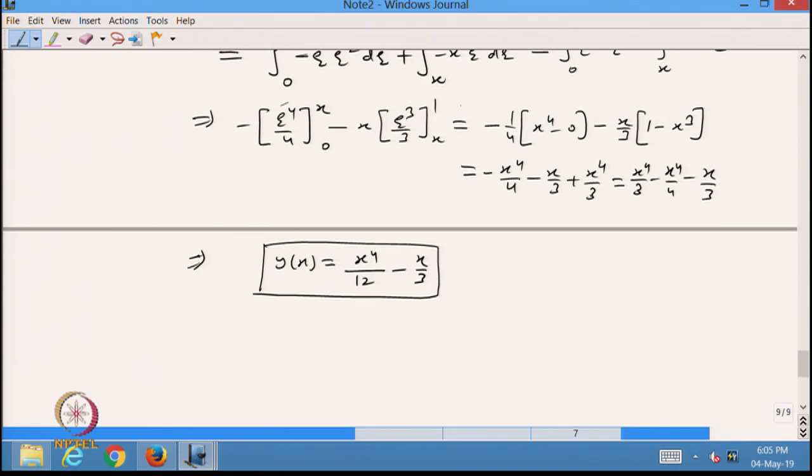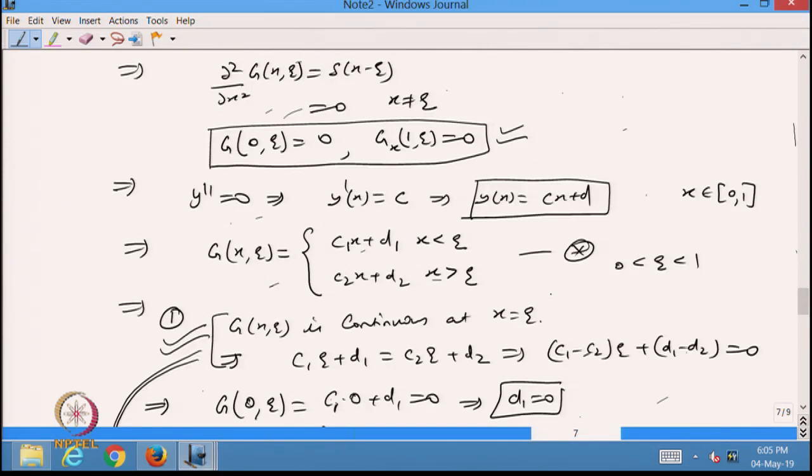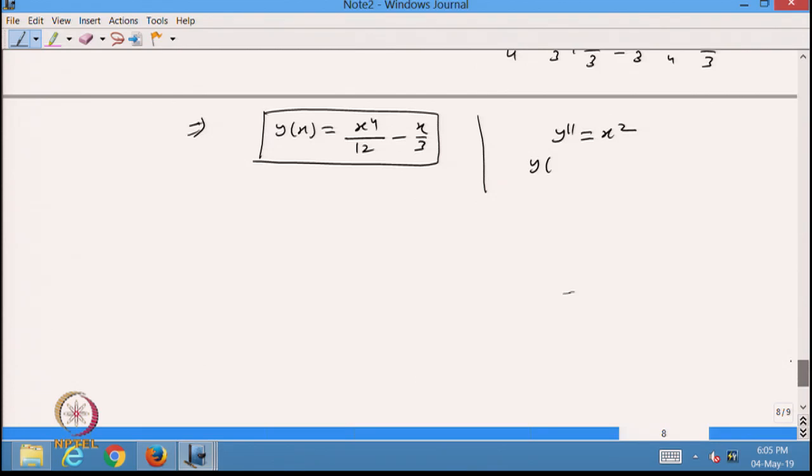You can solve this equation, because I have solved y double dash equal to x square with the initial conditions that y at 0 is 0 and y dash at 1 is 0.